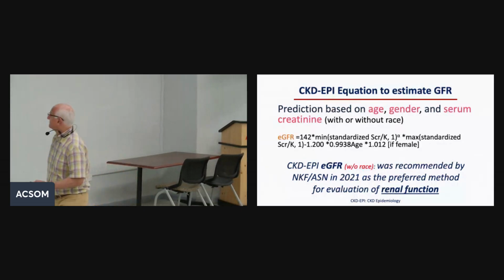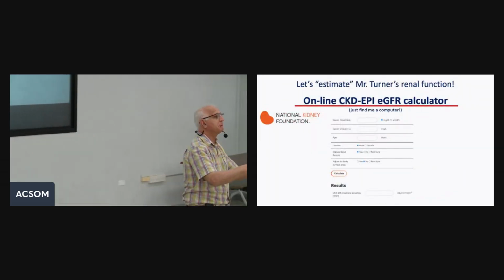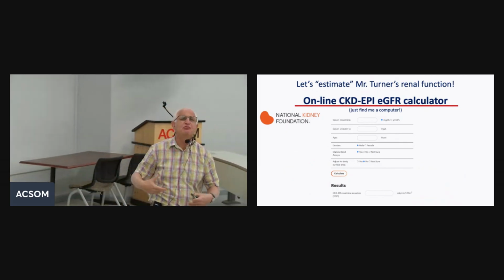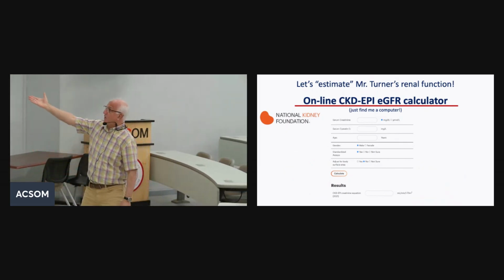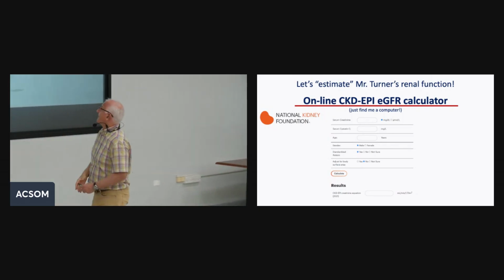Tattoo it in your brain. Okay, you can go to Google, just Google it, CKD EPI GFR. 200 calculators come. This is one of them. I use it because it has National Kidney Foundation, but all of them are pretty much the same.